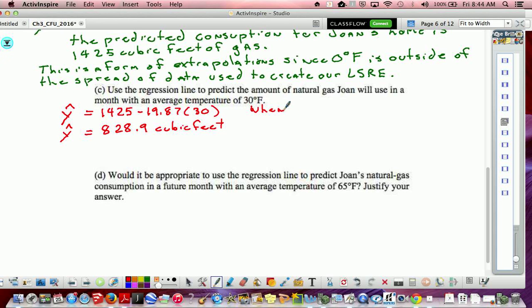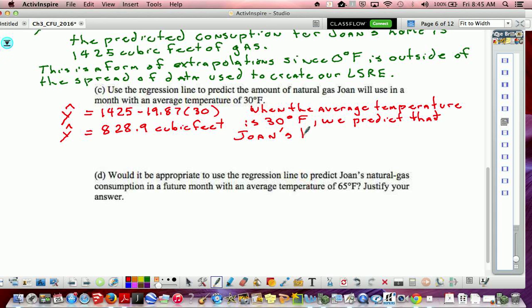So when the average temperature is 30 degrees Fahrenheit, we predict that Joan's home will use 828.9 cubic feet of gas.